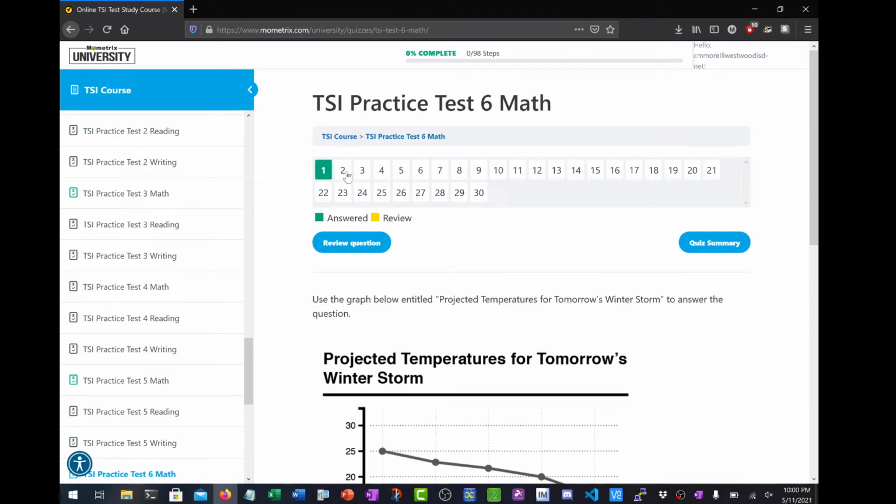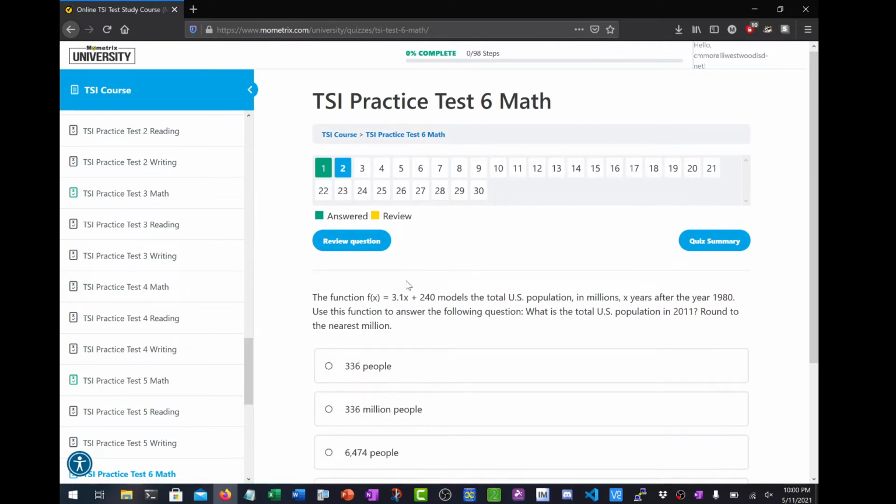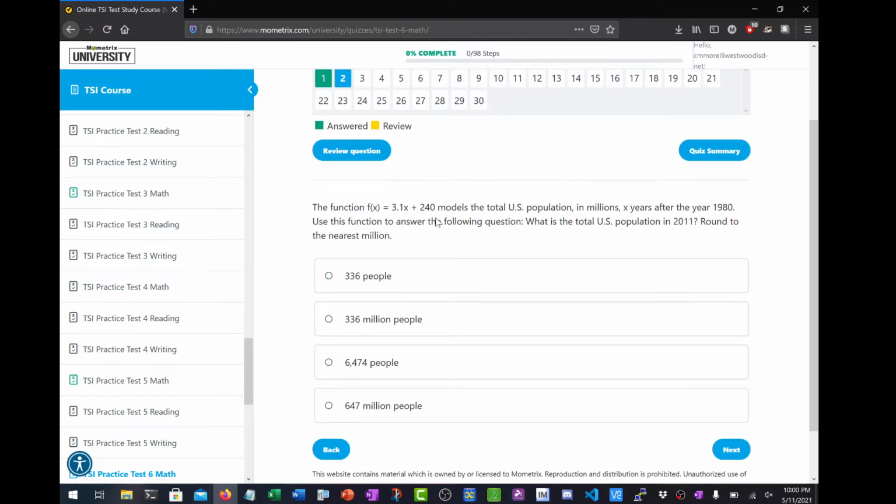Let's look at number 2. Here it's telling us the function f of x equals 3.1x plus 240 models total U.S. population in millions, x years after 1980. Use the function to answer this question. What is the total U.S. population in 2011? Round to the nearest million.